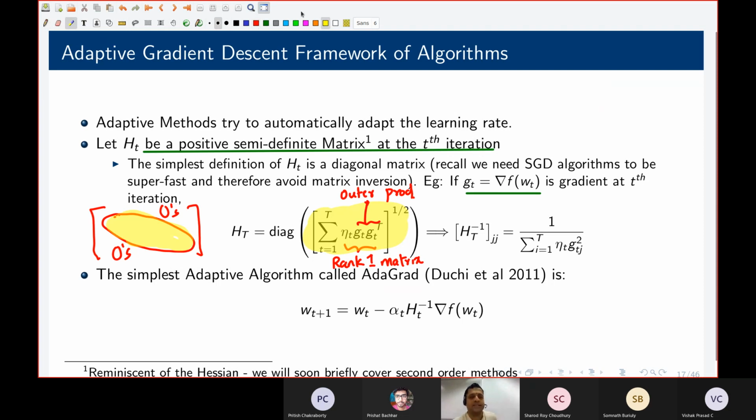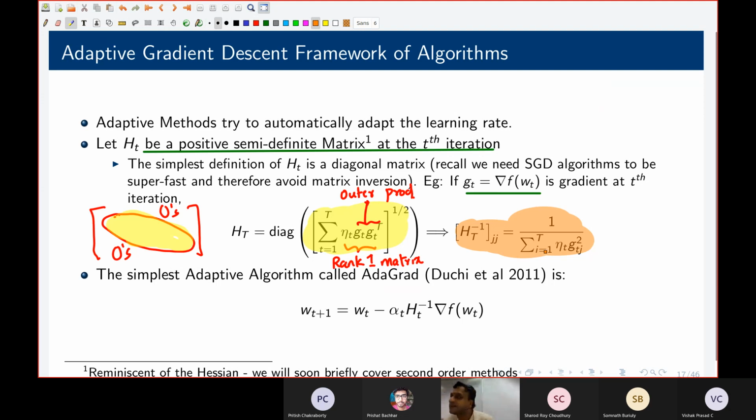Okay, and I've written more specifically how exactly the expressions look. This is how you compute. That's all you need to do. The HT inverse jth element, the diagonal element, is just this. Okay, it's very simple. You put in the power of half, then you receive the matrix root in terms of the diagonalization matrix.